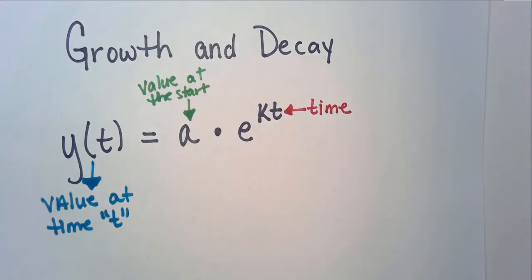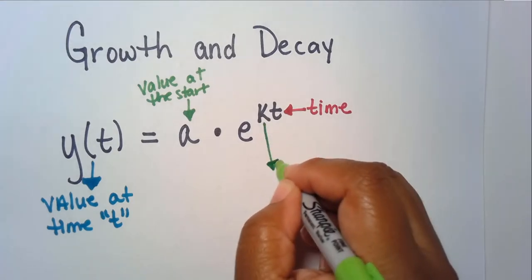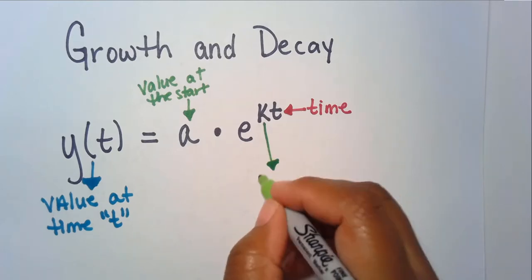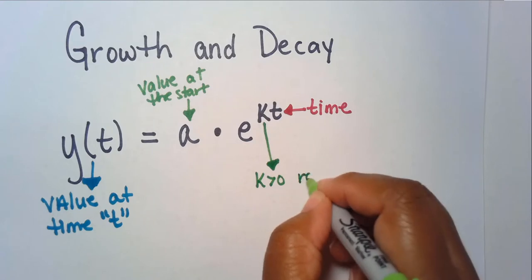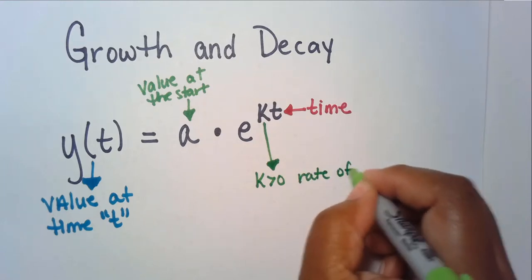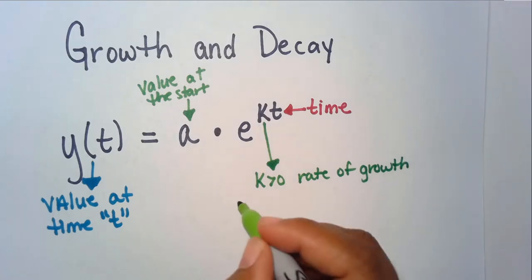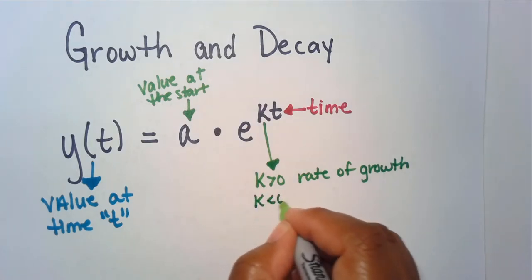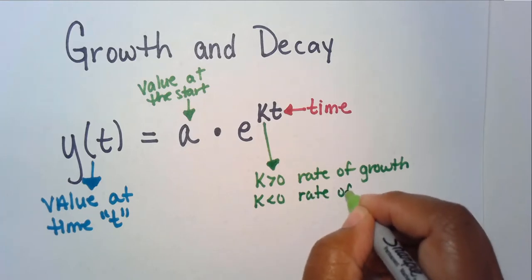And then we have the variable k, where k represents either the growth or decay. When k is greater than 0, it's the rate of growth. And when k is less than 0, it's the rate of decay.